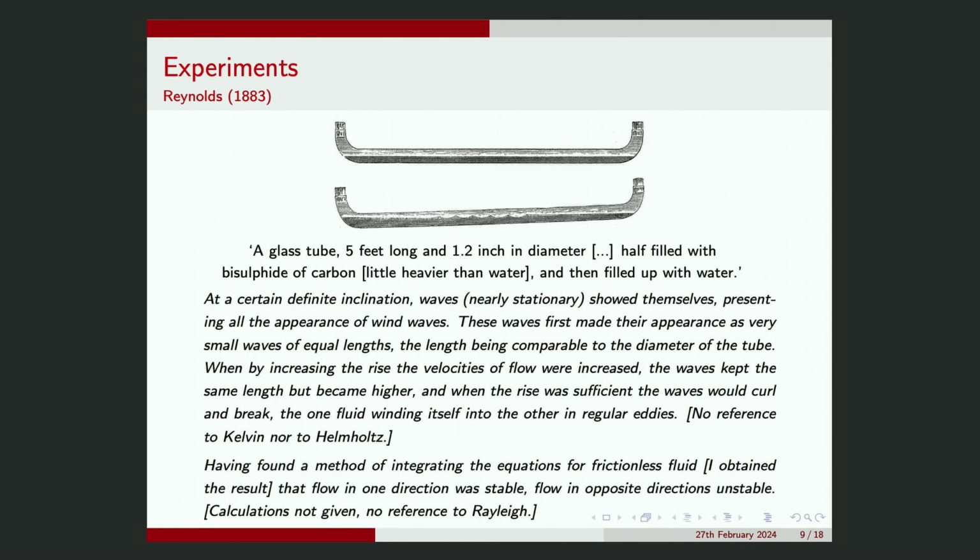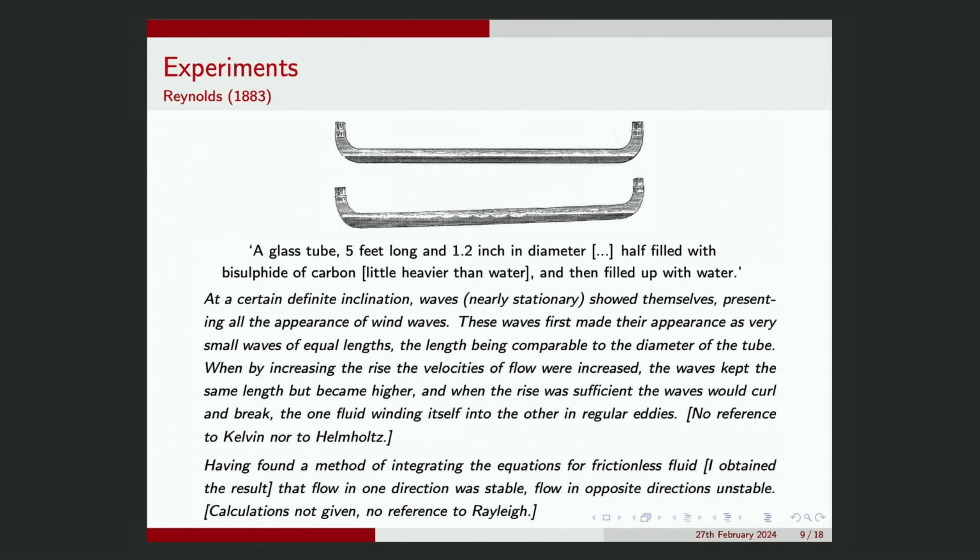When by increasing the rise the velocities of flow were increased, the waves kept the same length but became higher, and when the rise was sufficient, the waves could curl and break, the one fluid winding itself into the other in regular eddies. So this is exactly the description of the Kelvin-Helmholtz wave. But Reynolds made no reference to Kelvin nor to Helmholtz.